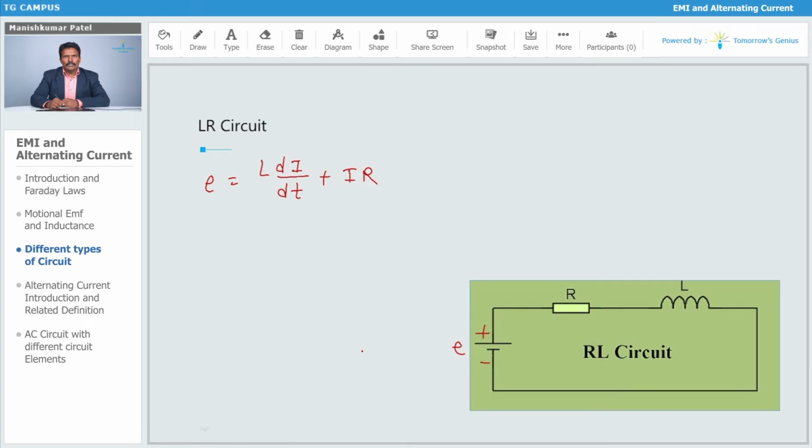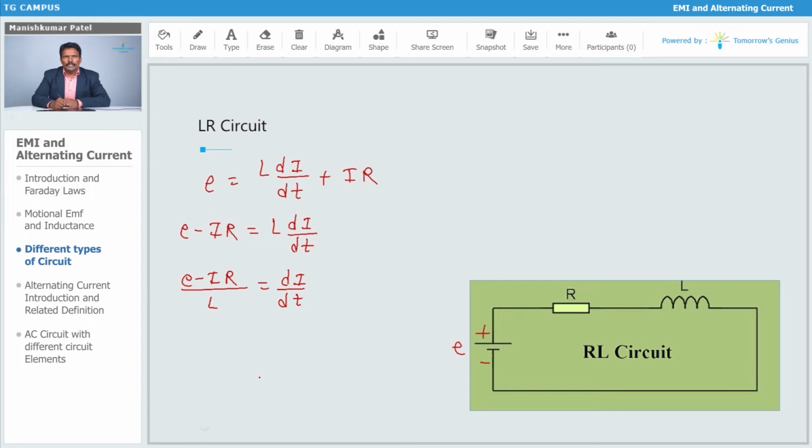Now for this case, we have to separate the variables. So E minus IR is equal to L di by dt. Then further, E minus IR upon L is equal to di by dt.